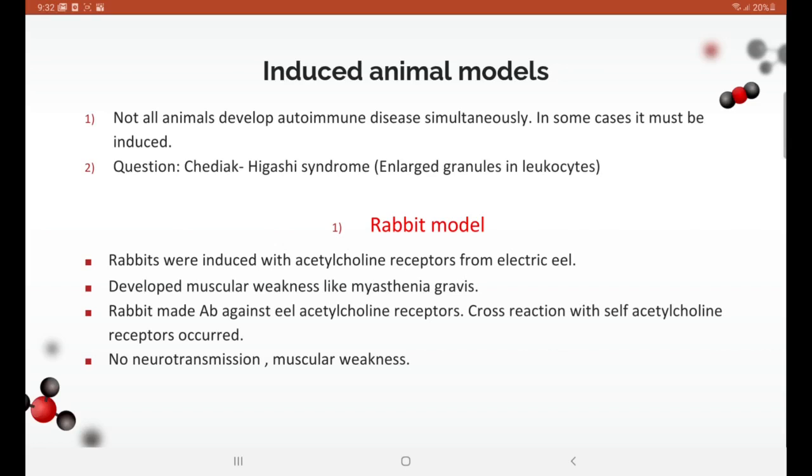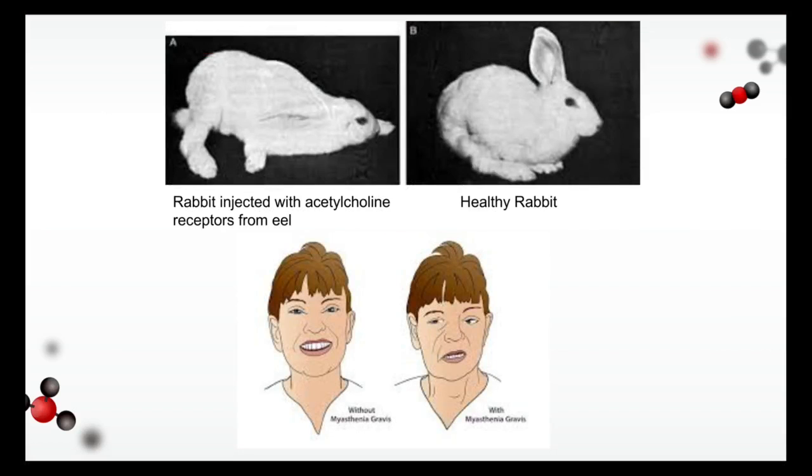This animal model experiment proved that autoantibodies to the acetylcholine receptors were the cause of myasthenia gravis in humans. This was an immunological breakthrough. In this figure, you can see the skeletal muscles are loose or drooping in rabbits and humans with myasthenia gravis. Rabbit with myasthenia gravis is on the left hand side, but human with myasthenia gravis is on the right hand side.